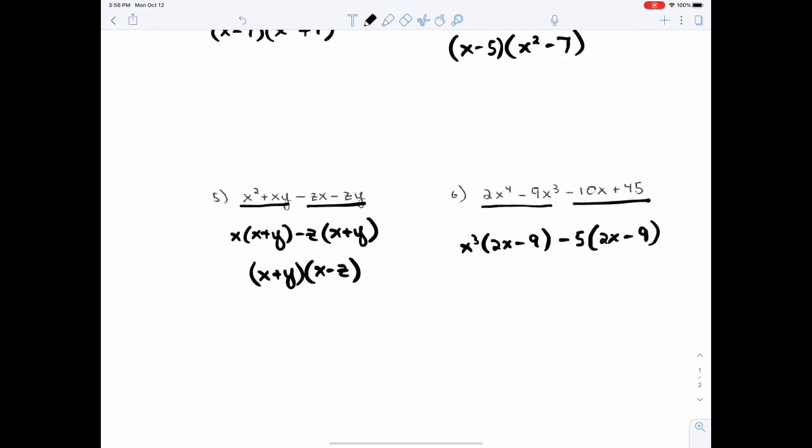Again, I have not factored anything yet, but notice I have a 2x minus 9 in common. And if I pull out a 2x minus 9 out of each of these, I get x cubed minus 5. And again, there's no greatest common factor with what's left over. There's no difference of two squares or trinomial, so we're done.